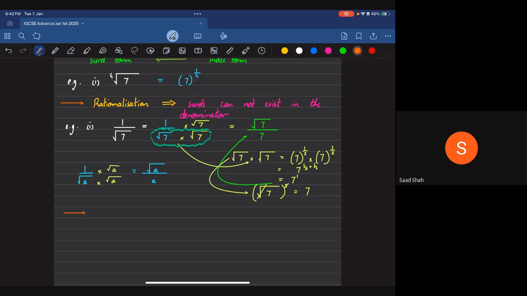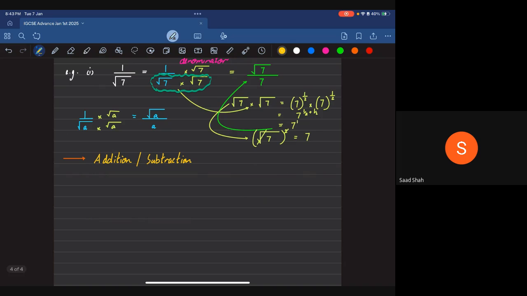Yes, sir. Moving forward, let's look at how we do addition and subtraction of surds. Because we've seen how powers are added and subtracted, now let's see how to do addition and subtraction of surds.